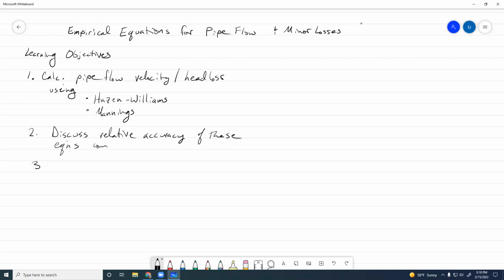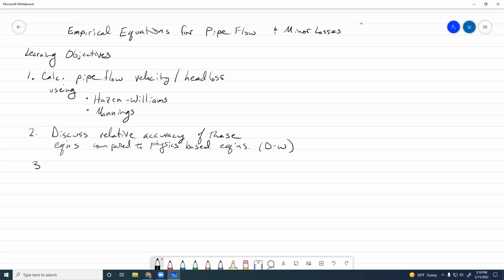Compared to what we'll call an analytical equation or a theoretical equation, or we could say physics-based, like Darcy-Weisbach, which is mostly physics-based.